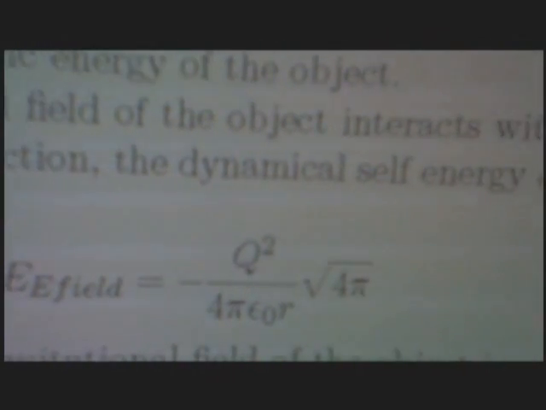It is still possible that the gravitational field of the object interacts with the electromagnetic field of the gravitational center. For this interaction, the dynamical self-energy of the electromagnetic field of the charged gravitational center is E_field = −q²/(4π ε0 r √(4π)).